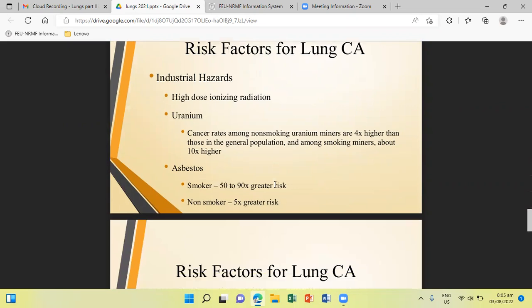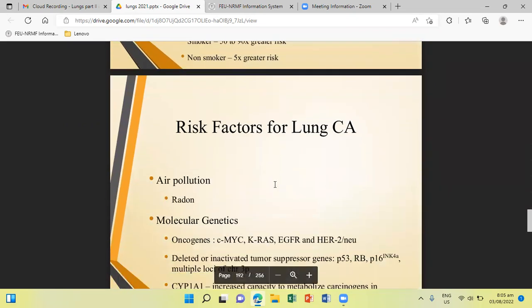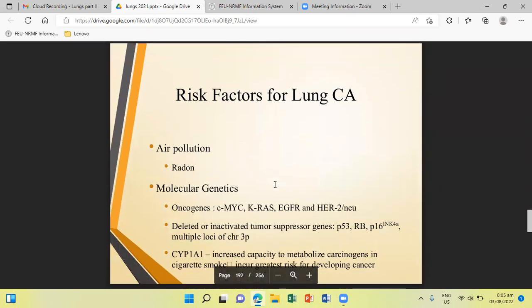It can also be something that is in your genes, for example, oncogenes or CYP1A1. Radon: the pathogenic mechanism is believed to be due to inhalation and bronchial deposition of radioactive decay products that become attached to environmental aerosols. P53 is known to be common to both small cell and non-small cell carcinoma.